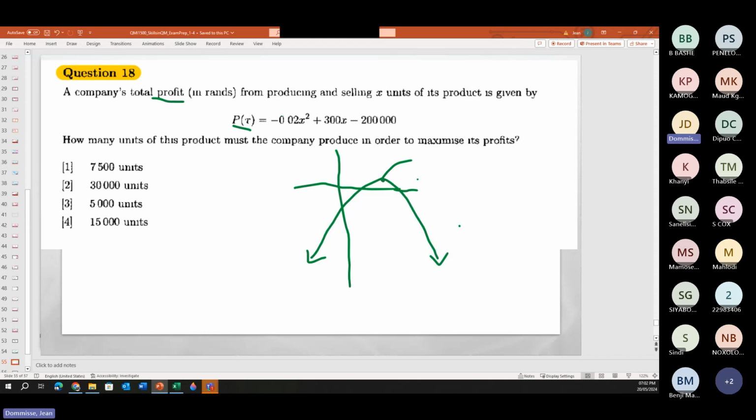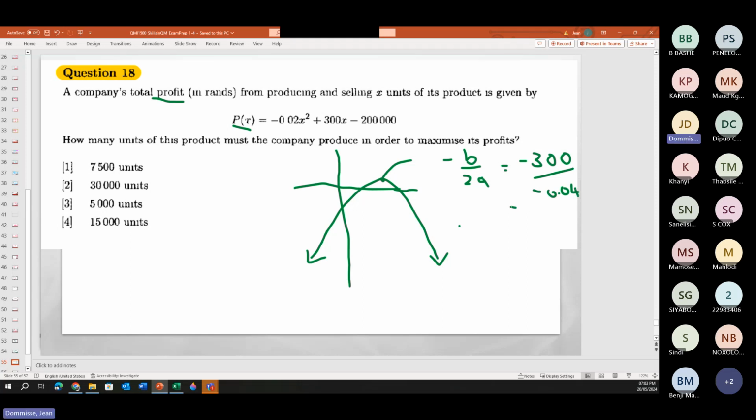So let's do it one way, the minus b over 2a, and let's just see what we get. Minus b is equal to minus 300 over 2a. What's that? 2 times minus 0.04.